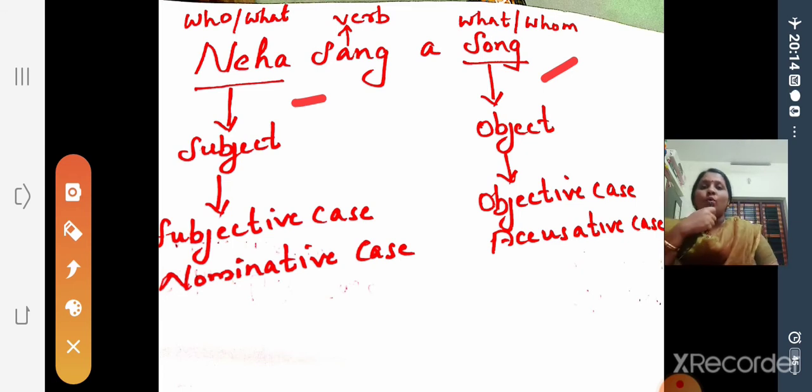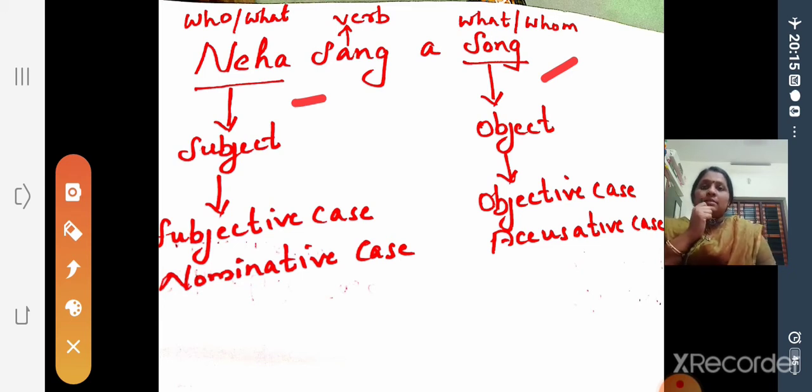So, the noun that is placed in the subject position is called subjective case, otherwise called nominative case. So, what is a nominative case? A noun that is placed in the subject position before the verb is called subjective case.